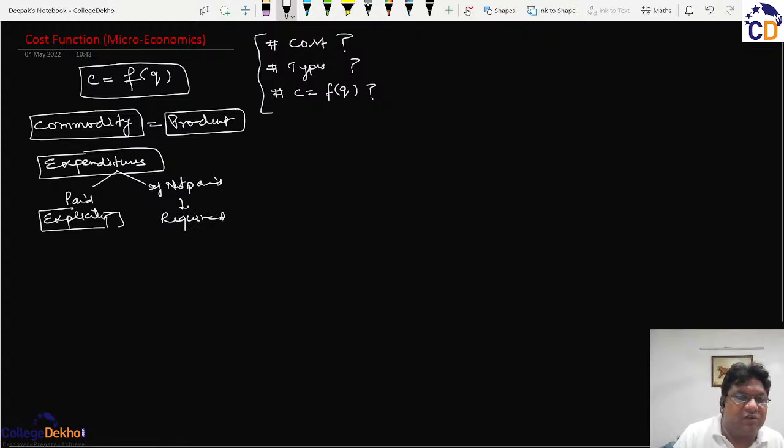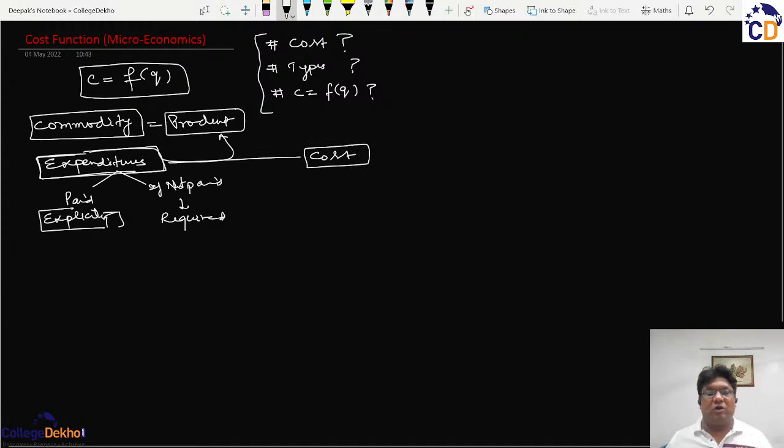So, irrespective of whether any expenditure is paid or not, the important thing is any expenditure which is necessary to bring the product into existence, then all those expenditures will be deemed or known as cost.